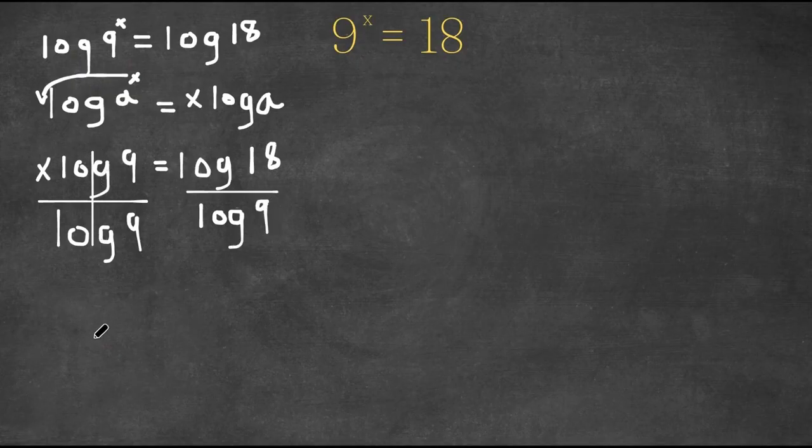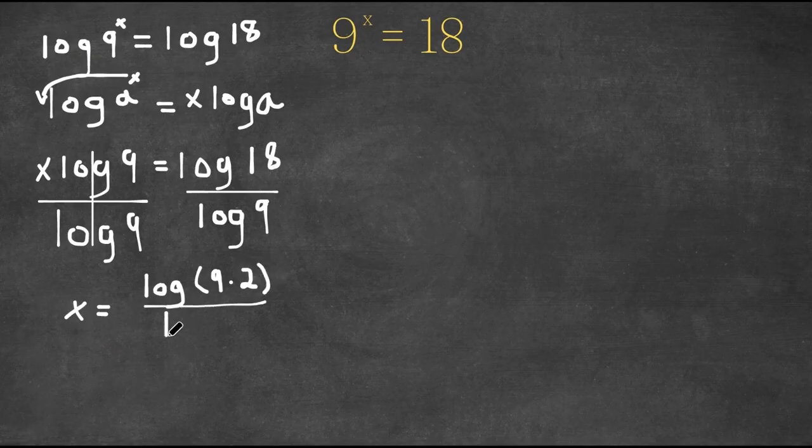these two cancel out, and I would get x is equal to log 18 over log 9, which is the same thing as log of 9 times 2 over log 9.